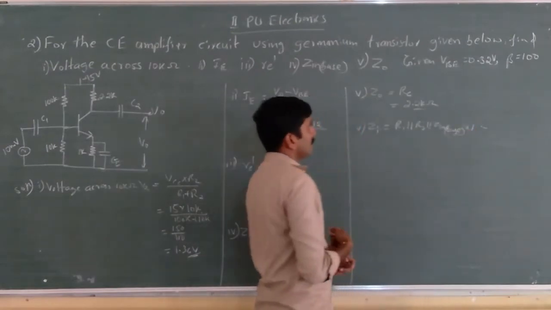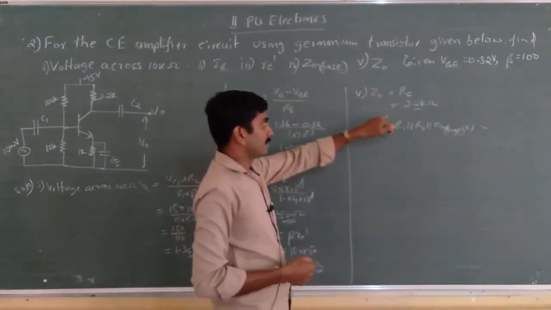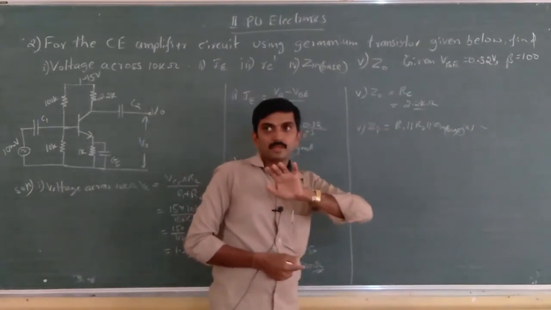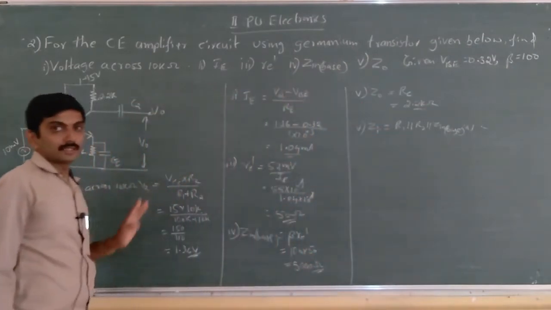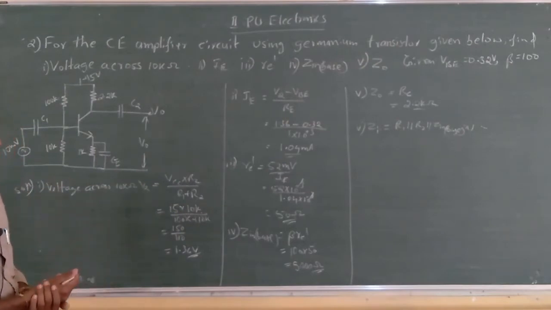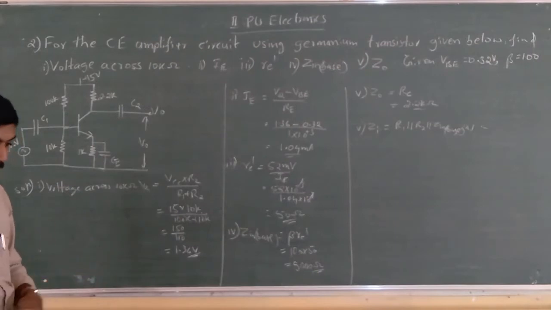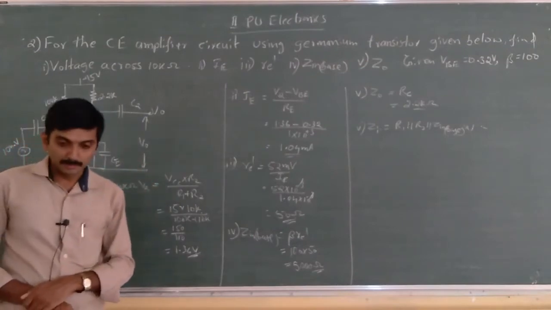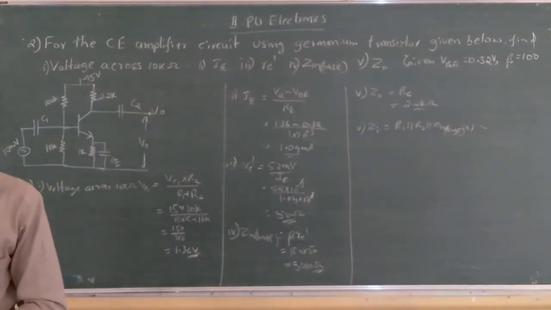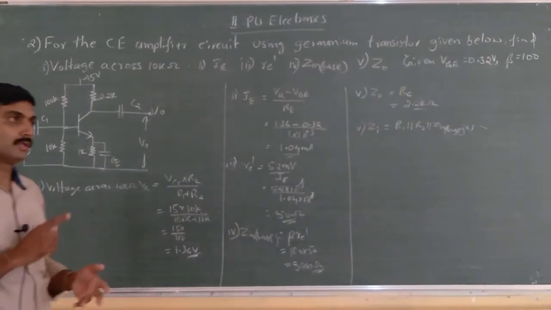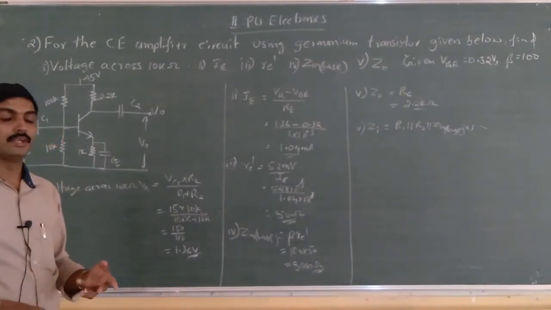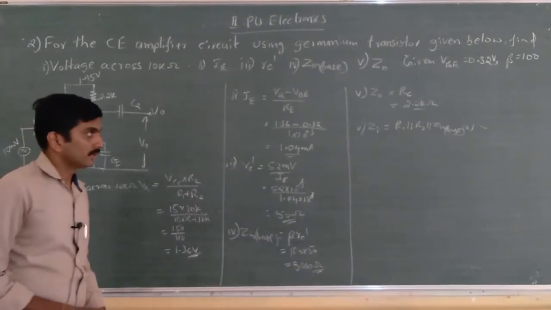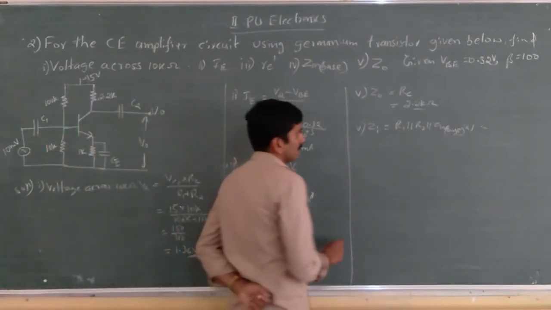See, from the fifth onwards, it is not mentioned in the question, but I voluntarily take those calculations because in future problems these questions are very common, and there are some decibel calculations also. You can calculate decibel voltage gain, current gain in decibel, and power gain in decibel. Okay. So, that is how to calculate here.